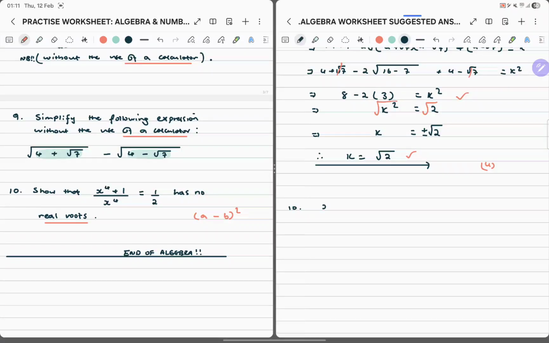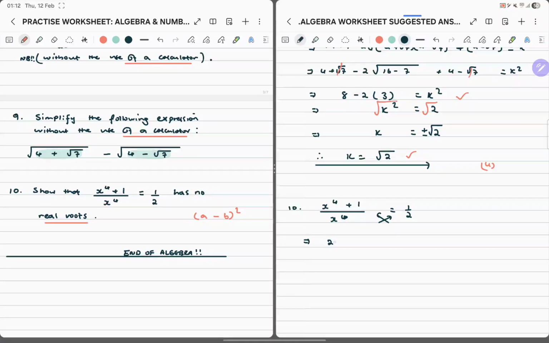So this is x to the exponent 4 plus 1 divided by x to the exponent 4 equals a half. Okay. So now we need to show that this thing has no real roots. So what do we do, folks? Yes, we must cross multiply this thing.